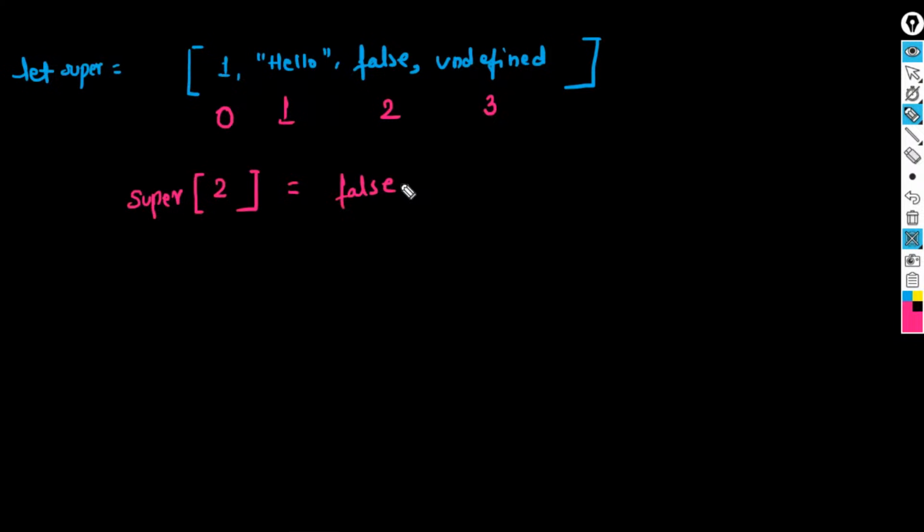So remember, guys, arrays always start with the zeroth index, and it goes up to the number of data you have written. If you write super[3], what will it give you?